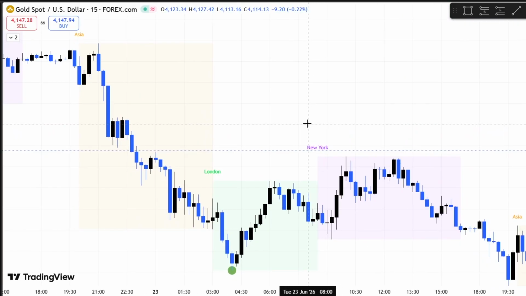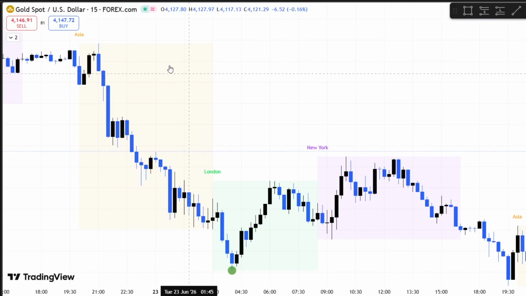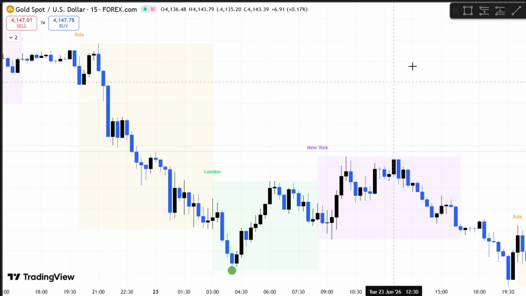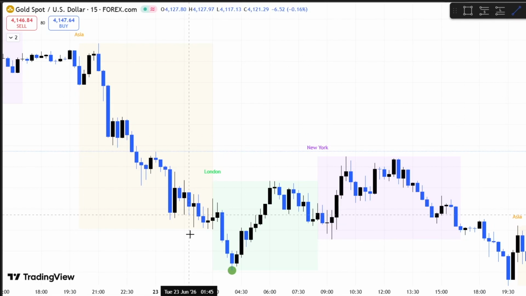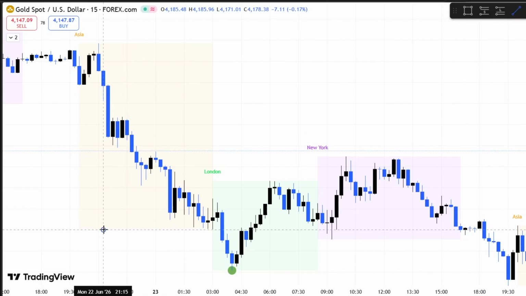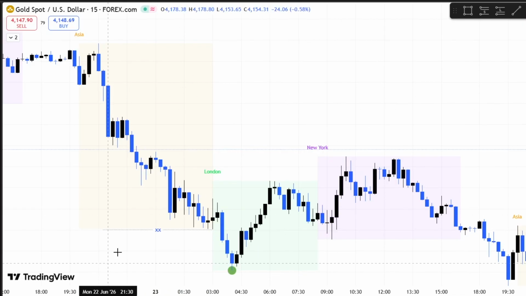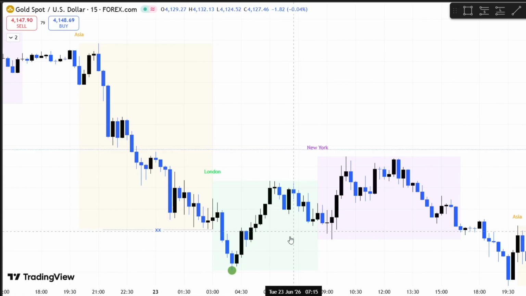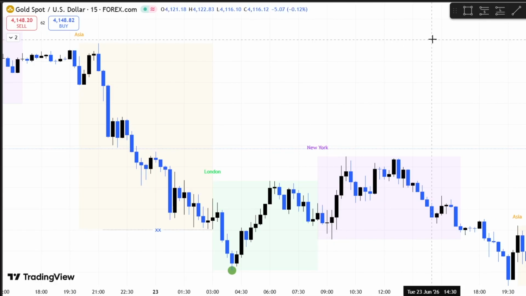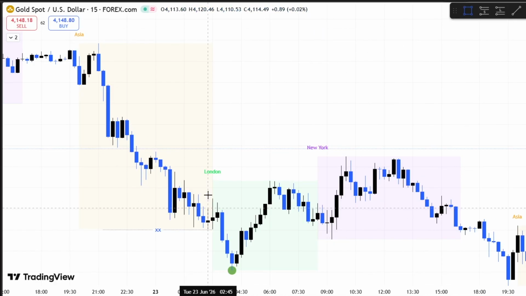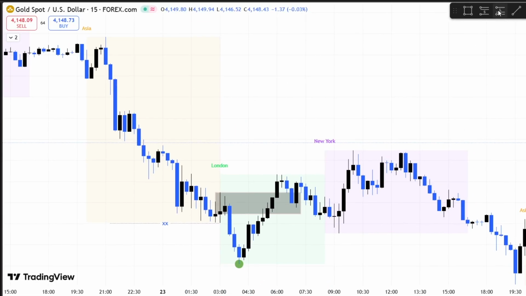Here, as you can see, Asia was pretty bearish. Once we took the lows of the Asian session, price had to react a bit. Price tried to react. We would try to enter on this supply zone, or we would wait for our normal breakout.